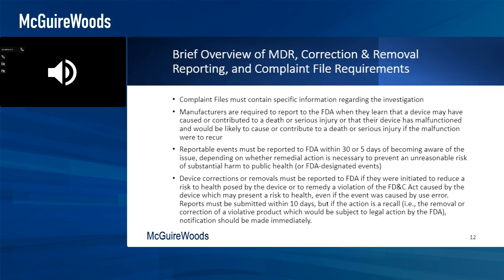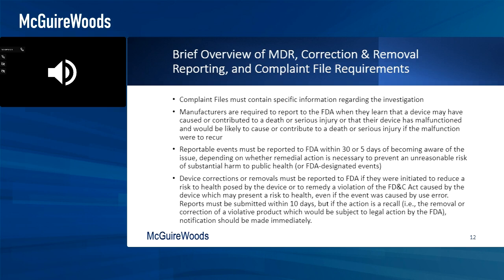Complaint files also have to contain a long list of data whenever you get a complaint in your complaint system. Many manufacturers will purchase software systems or hire consultants to develop complaint file systems and typically work with attorneys to develop policies and procedures and obtain guidance on when an issue is going to be reportable to FDA, which leads into the next one, which is medical device reporting.